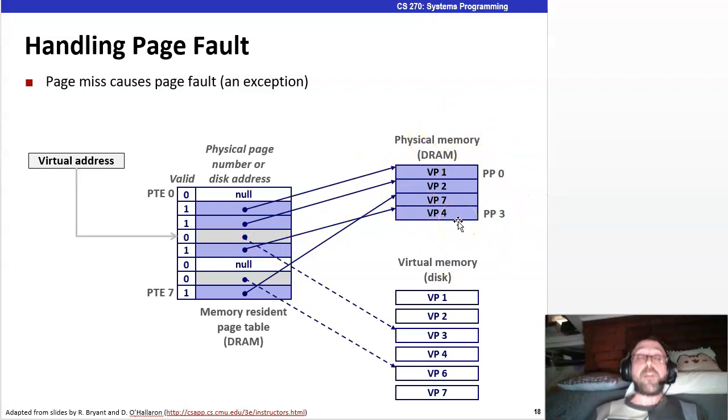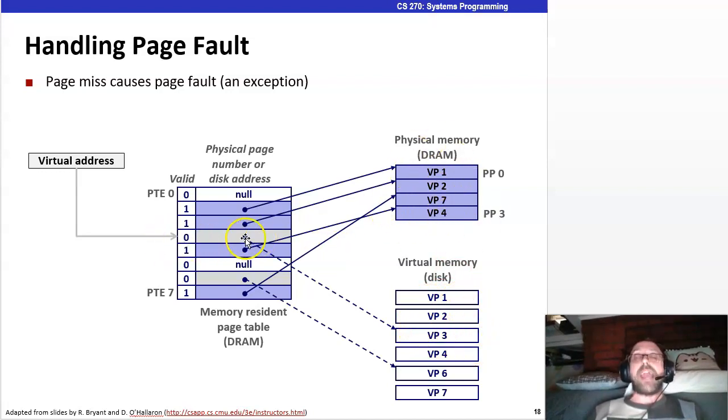In fact, in a system that uses RAM as a cache for the disk, it's very likely to be full or close to full most of the time, because if I'm not using a particular piece of physical memory, that might as well be wasted. So instead, physical memory tends to build up as a cache of pages on the disk. Once I've accessed more of the disk than I have physical memory, then physical memory is full.